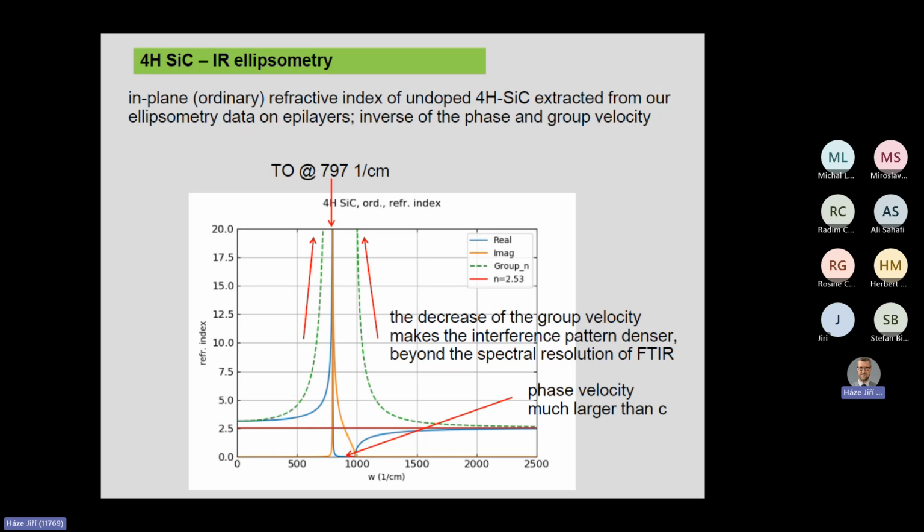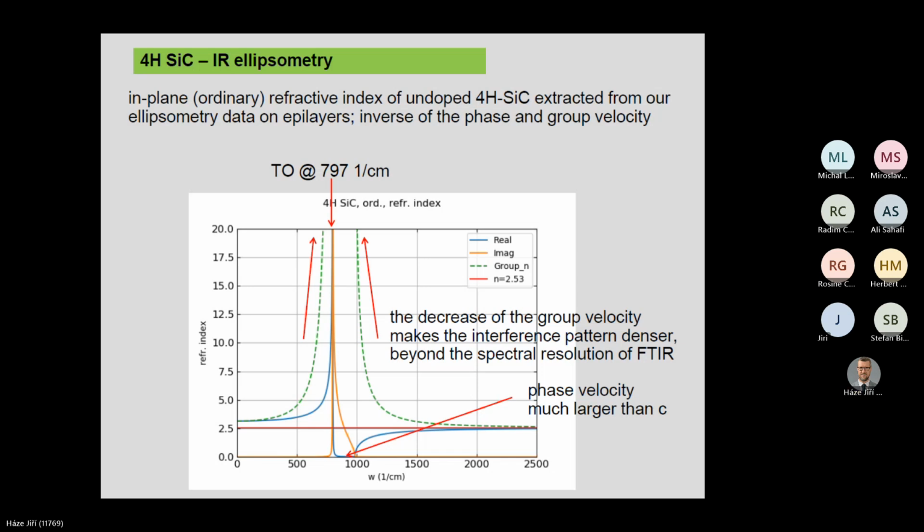That means that the phase velocity of this light is much larger than c, the speed of light in vacuum. There is no controversy in this result, because what we can really only observe is the group velocity, and this is quantified by the group refractive index.